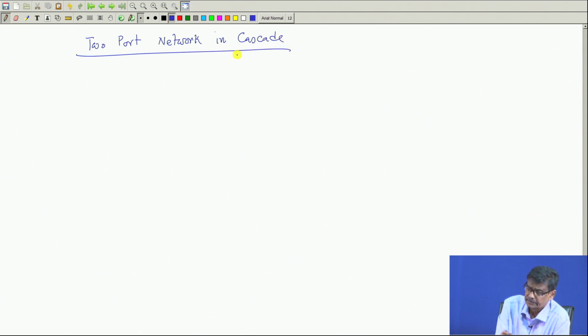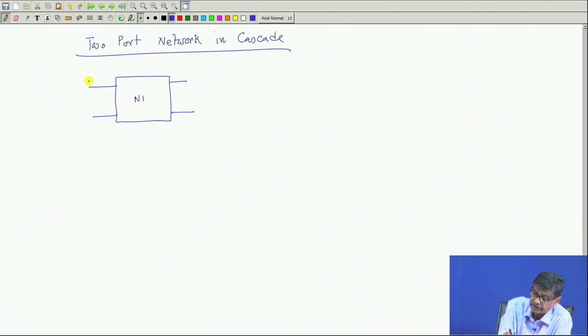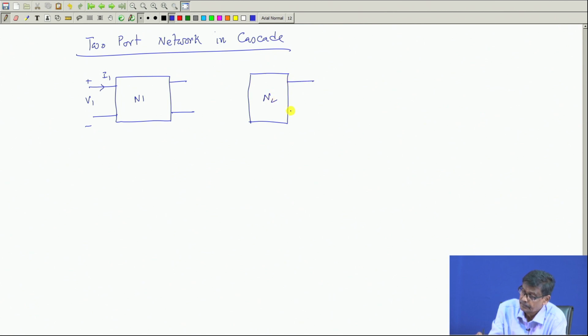In cascade means the output of one port, whatever you get from the first port, is connected. Suppose this is network 1, it is plus minus V 1, this is I 1, you connect it and you have another network N 2 whose input you connect to this port.